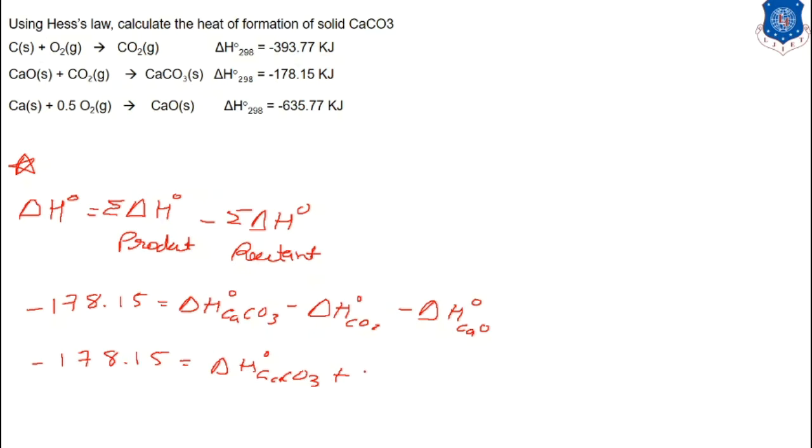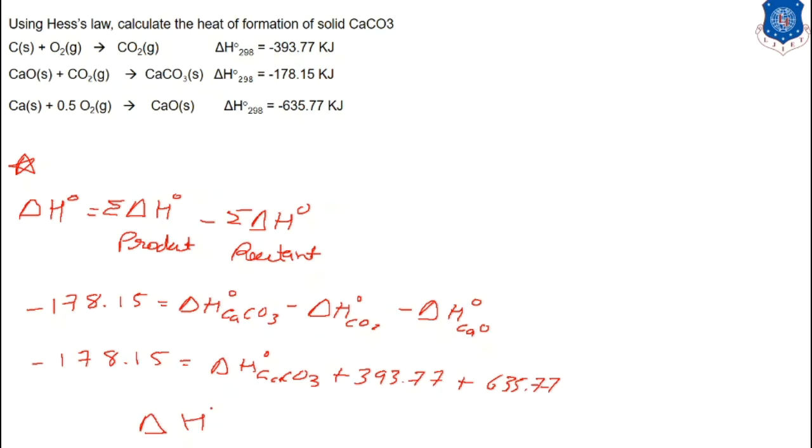So minus minus becomes plus 393.77 kilojoule. Then again the value of CaO is minus 635.77, so minus minus becomes plus 635.77.